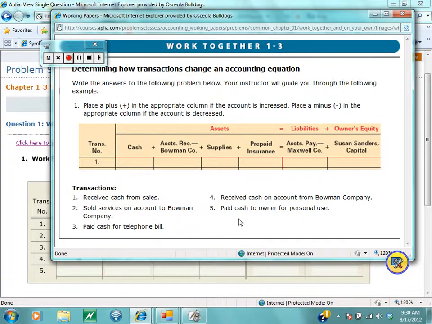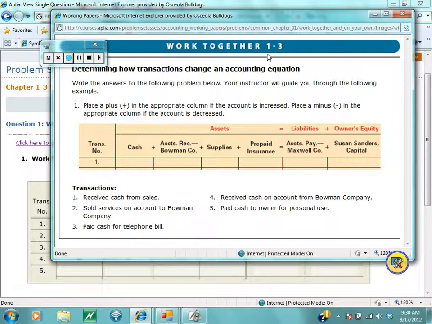Next, paid cash to owner for personal use. The owner, in other words, doesn't have enough money in their personal account. They have to remove some of their equity from the company because they have to pay their bills.